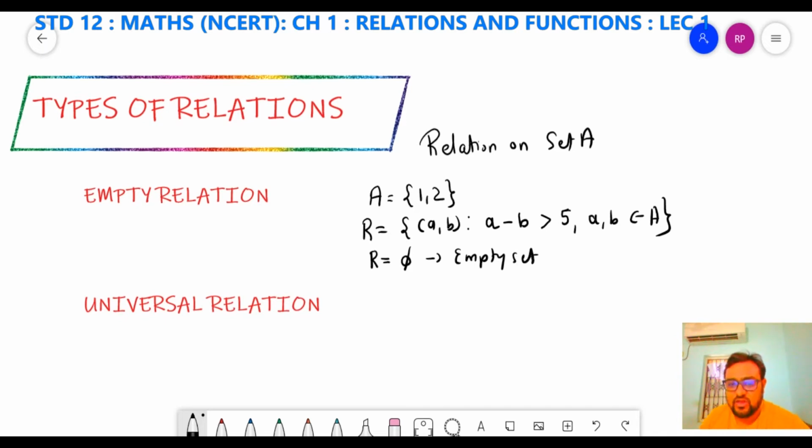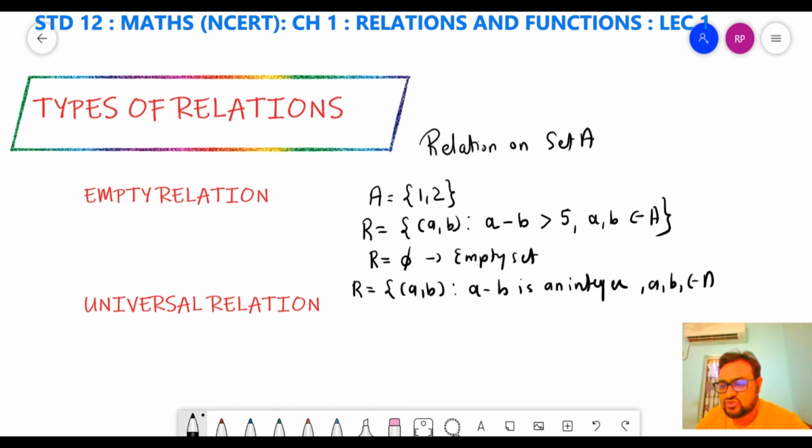Clear? Okay. But now if the relation is like this, {(a, b) such that a minus b is an integer and a, b belongs to A}, right? Clear?